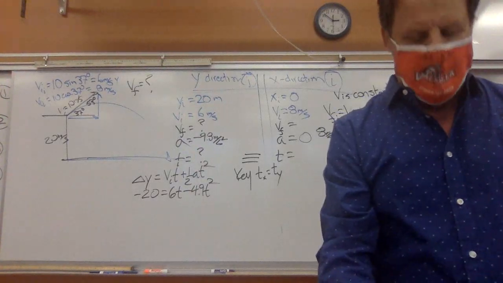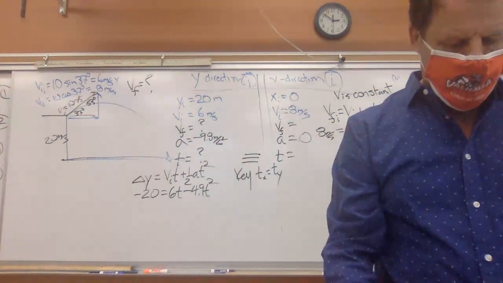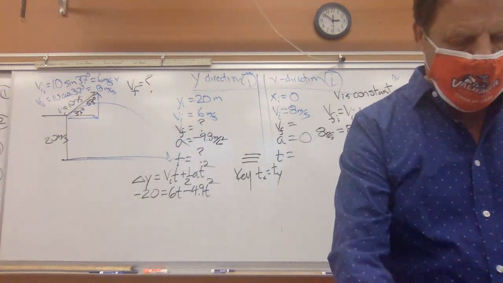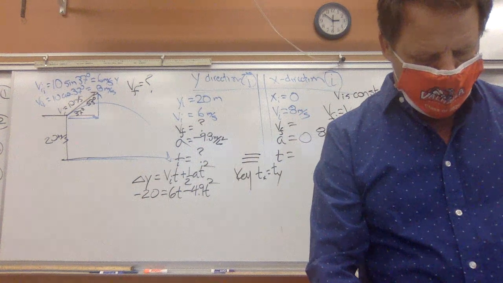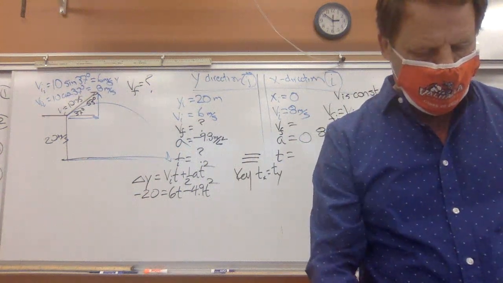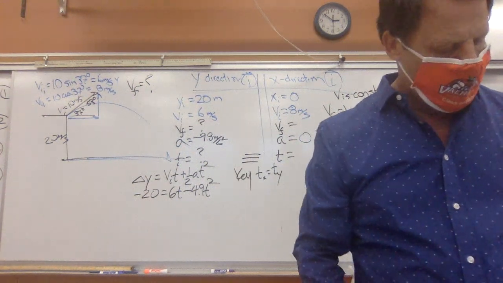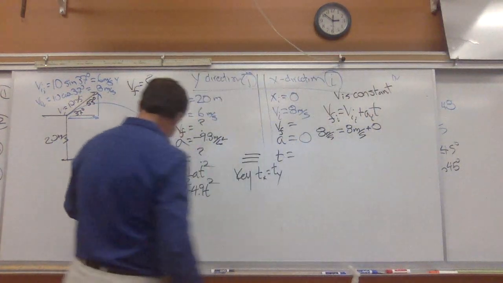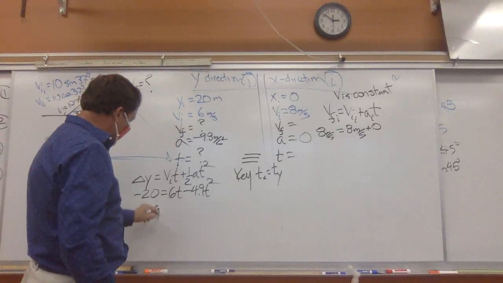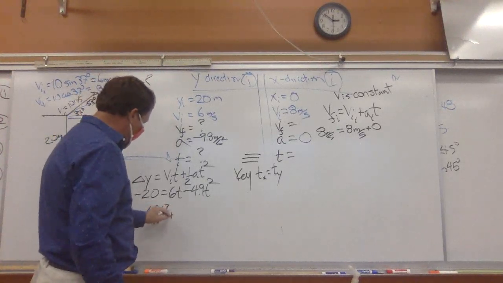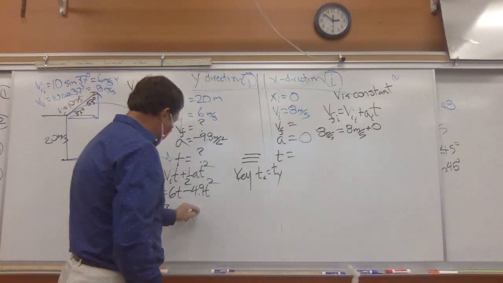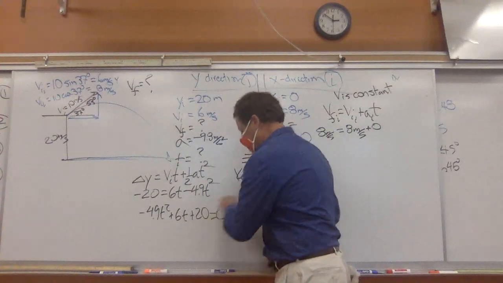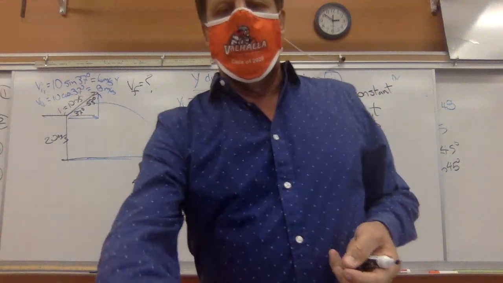Are you guys good there? All right. Now you guys can probably see here, just like it was last Thursday, this is going to end up being a quadratic, okay? So I'm going to rewrite this, and I'm going to say negative 4.9 t squared plus 6t plus 20. Now, that's going to equal 0.